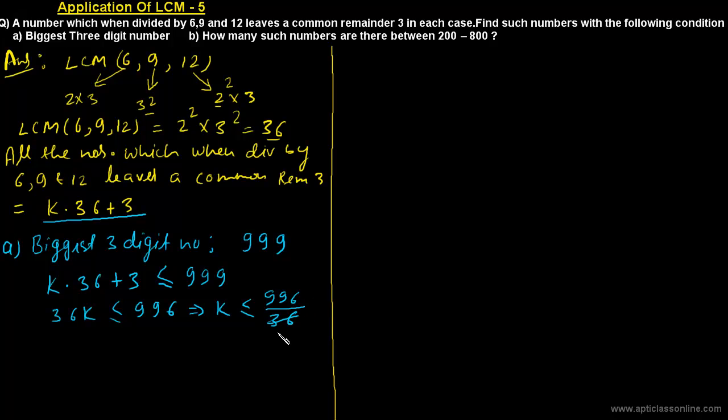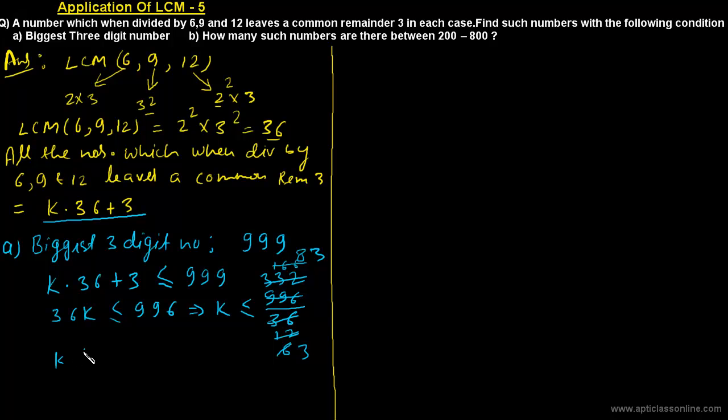Now we divide it: 996 by 36, divide both by 2, 498 by 18, again by 2, 249 by 9, then divide by 3, 83 by 3.